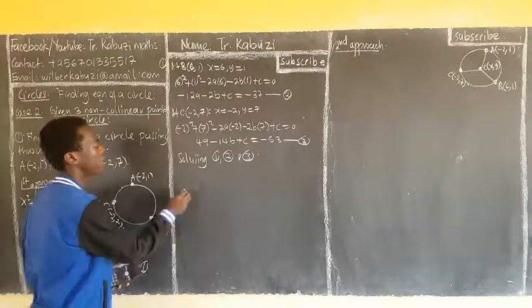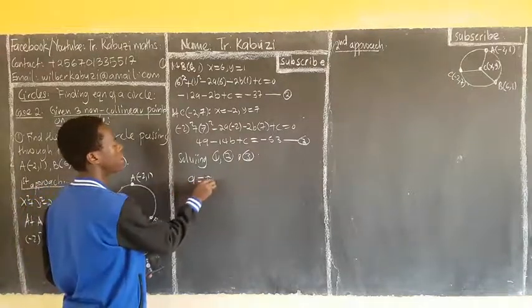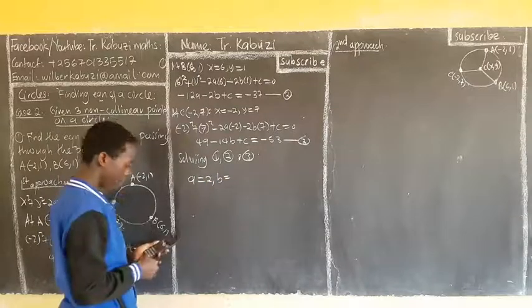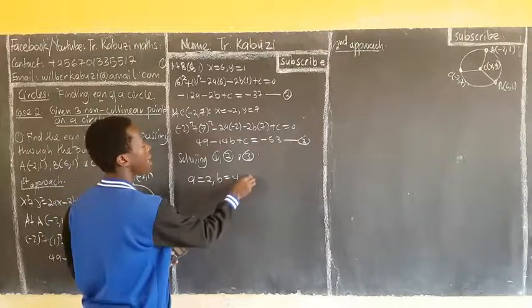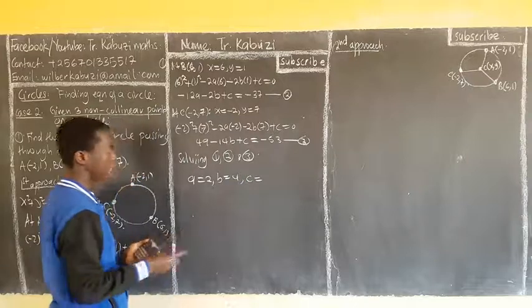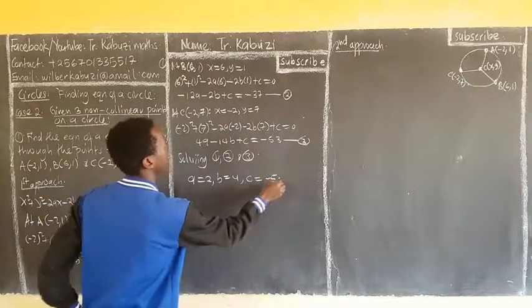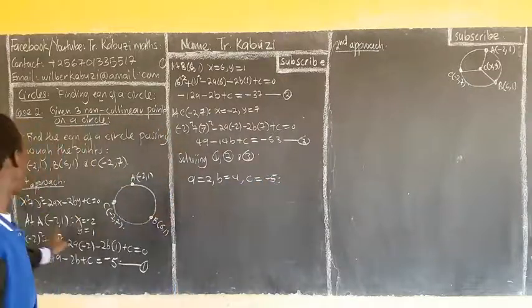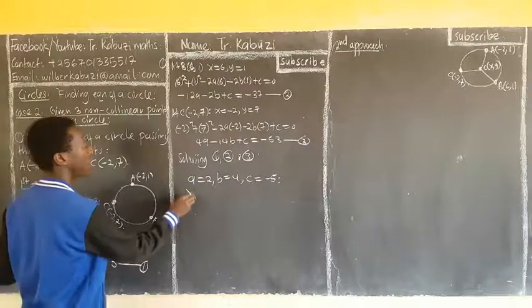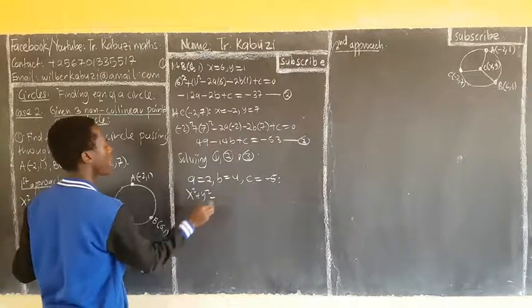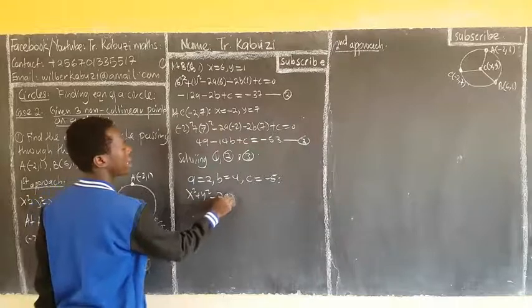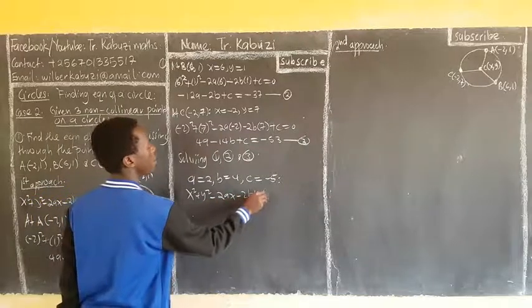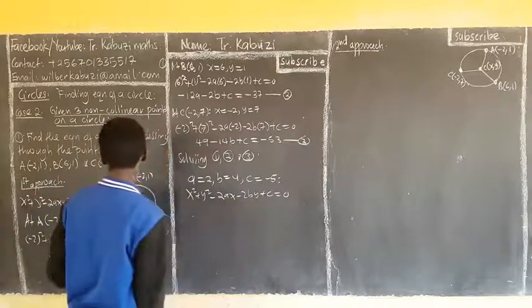So when you solve them, your A is going to be 2, your B is going to be 4, and your C is going to be negative 5. So now, after getting the values, I come back to my equation, x squared plus y squared minus 2ax minus 2by plus c equaling 0.